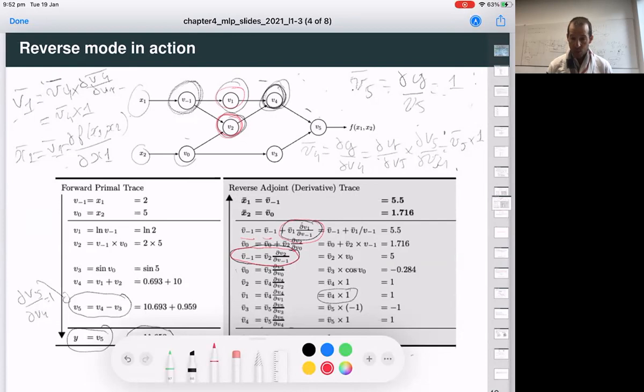Yes, so Alex has a good point. Now, these two methods, we have seen what we have seen. In the forward mode, at the end, you get the derivative with respect to one feature. But with the back propagation mode, in one shot you have the derivative of x1 and x2.